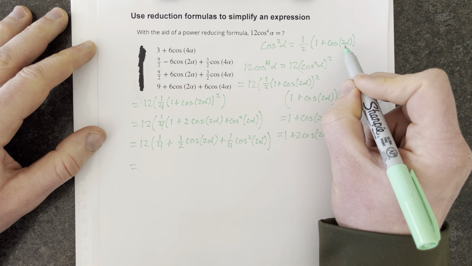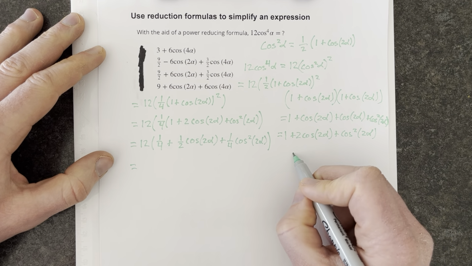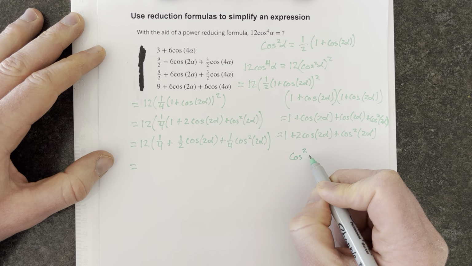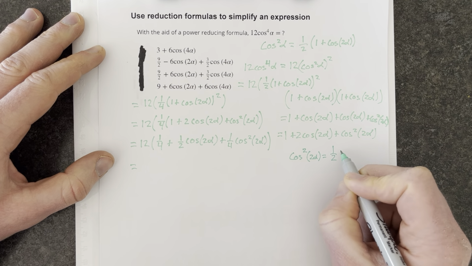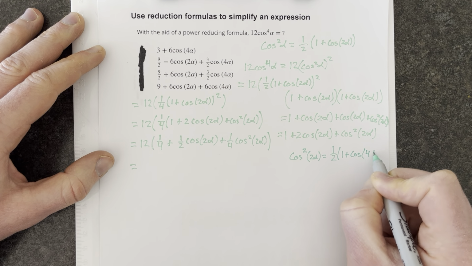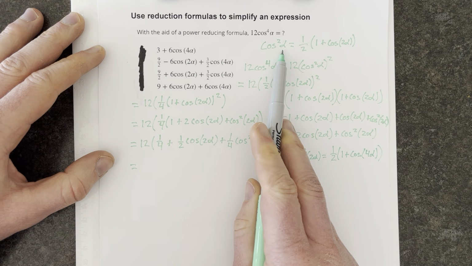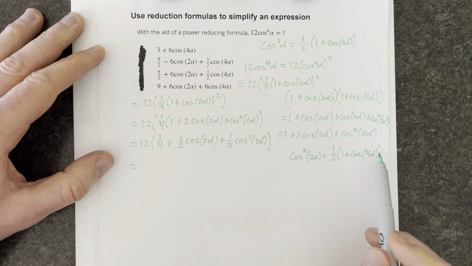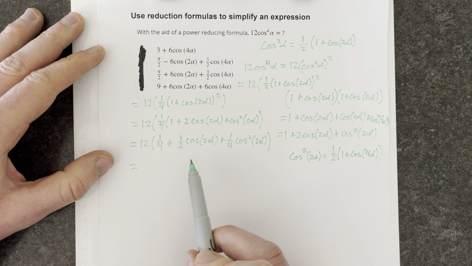Instead of 2 alpha, that would change to 4 alpha. I'm using the formula above, but instead of just having alpha for my angle, I have 2 alpha, which would make that whole piece 4 alpha. And then I'm going to substitute that in right here for cosine squared 2 alpha.